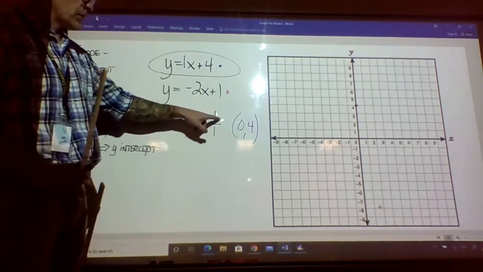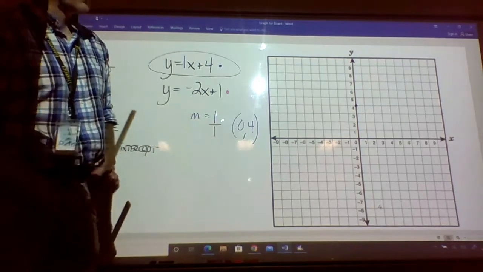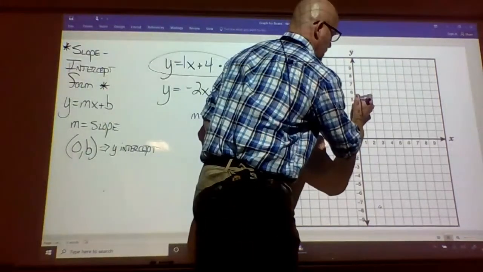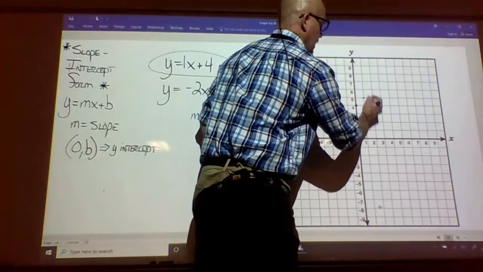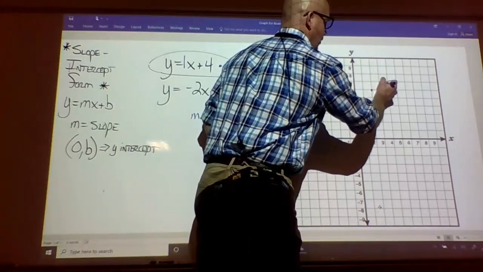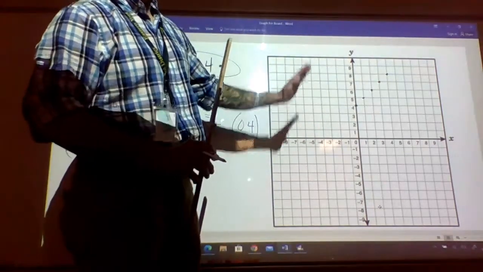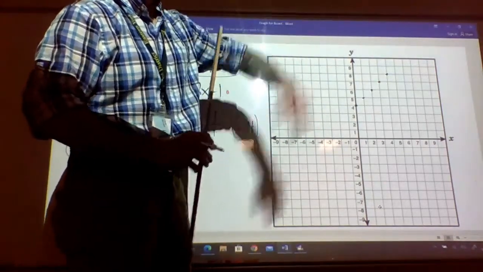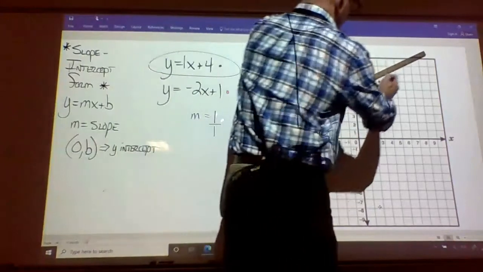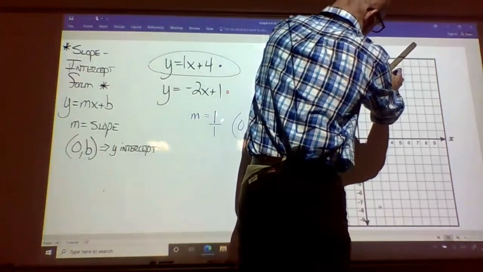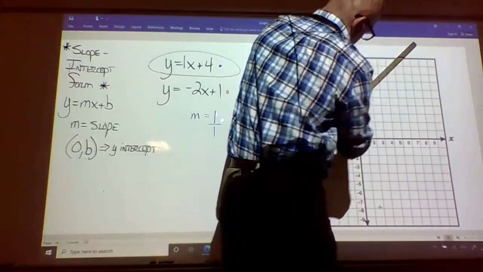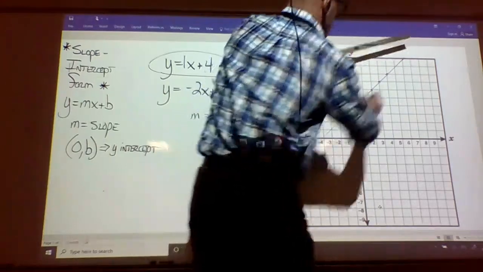Since it's positive, we're going up, and we're also going to the right. I can do that all day, just keep going up 1 over 1, like a little set of steps: up and over, up and over. Then I take my ruler and draw a nice line right through all of that.